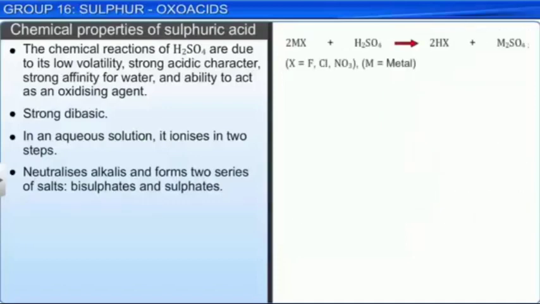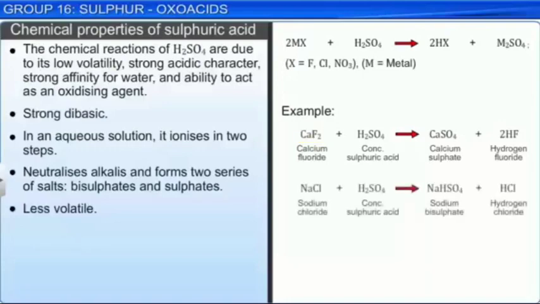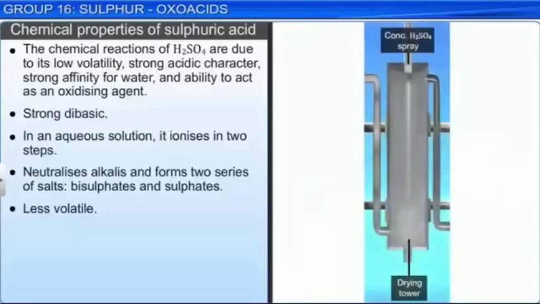Sulfuric acid, being less volatile, is used in the manufacture of more volatile acids from their corresponding salts. For example, concentrated sulfuric acid liberates hydrogen fluoride from calcium fluoride, and hydrogen chloride from sodium chloride. Concentrated sulfuric acid is a powerful dehydrating agent.